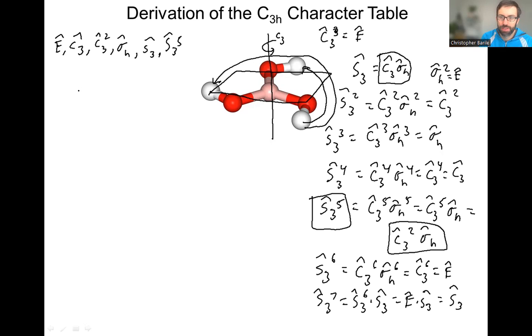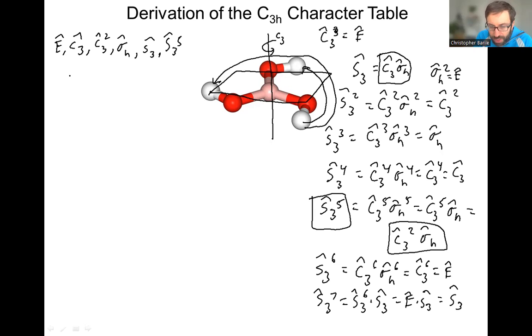Our first step in deriving the character table. And at this stage, we have to group them into classes. And here, it can be a little bit tricky, but basically for the Cn or the Cnh point groups, all the C's and the S's in this case are going to be in separate classes.